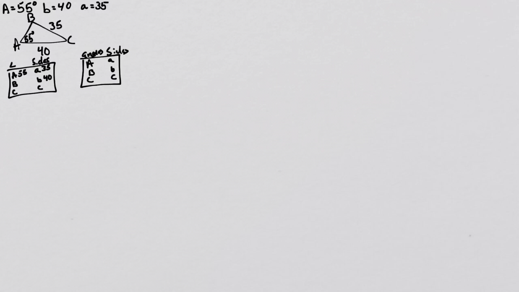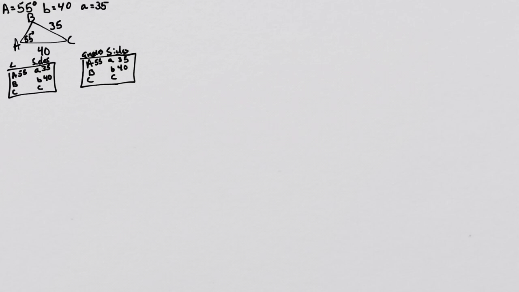I didn't make my box big enough, so let's make that a tad bit bigger. So the missing information that we need is angle B, angle C, and side C.